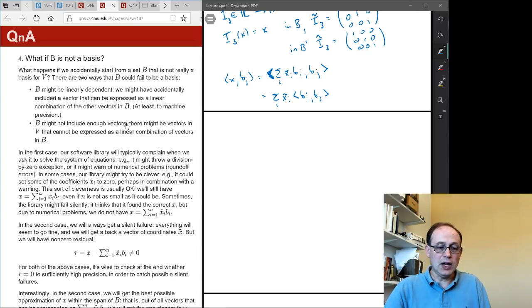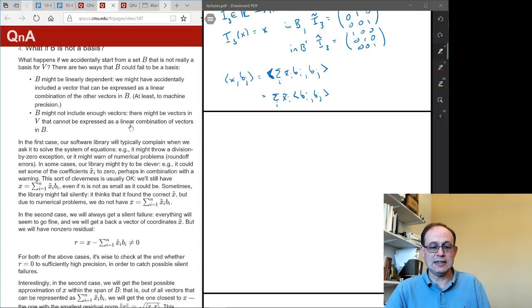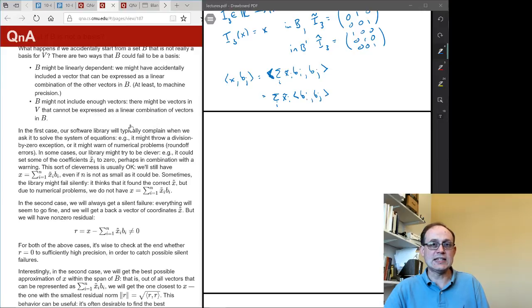The other potential way of failing is that we might have given a basis that doesn't actually have the ability to express x. In that case, we will always get a silent failure from this method. We will always be able to calculate capital G and little g, and we'll always get back a vector of coordinates, but it won't satisfy the equation.